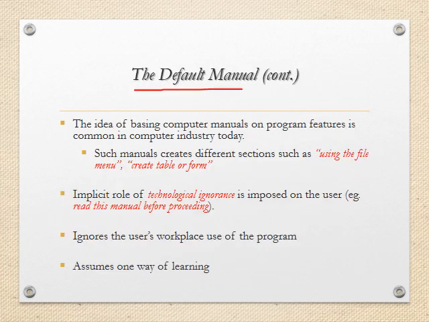Again, on default manuals. The idea of basing computer manuals on program features is common in the computer industry today. These kinds of manuals contain different sections such as using file menus and creating a table or form.